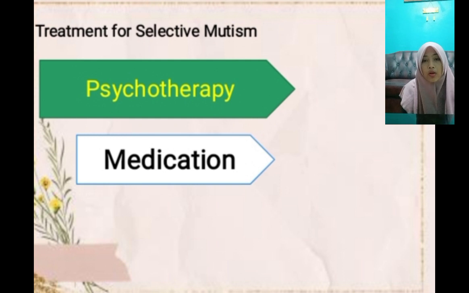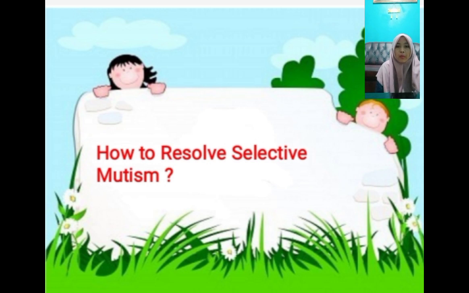The choice of whether to use the drug should be made in consultation with a doctor who is experienced in prescribing anxiety medication for children. After we know about the treatment for selective mutism, there are some things that we can do to manage the child in their condition.